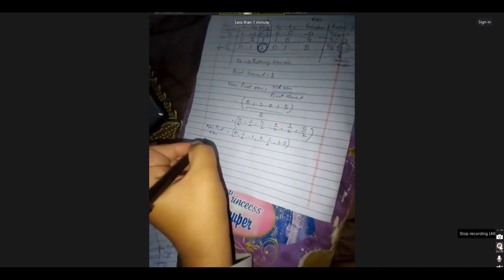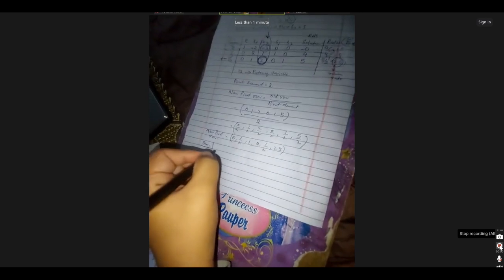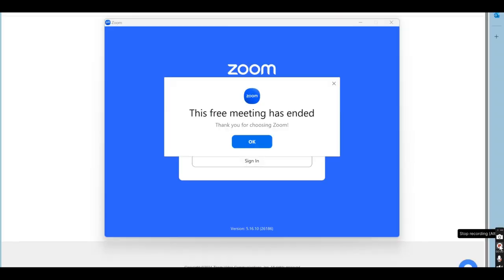So we need to write again this question into this tabular form. Now defining the next table, we have basic variable. So we were here and we found the new pivot row.